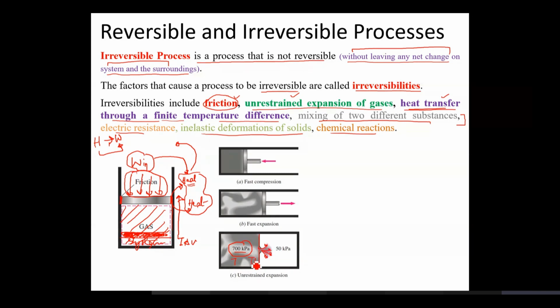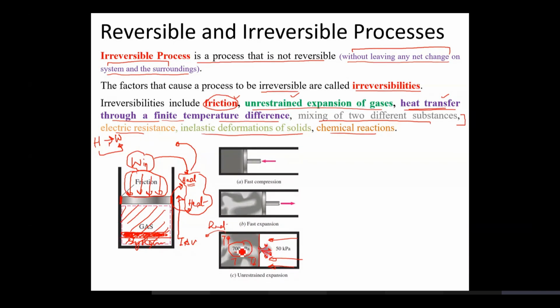Now, if you want to make the system go back to its original position, you will have to compress the gas back to its original pressure, and as a result of this compression, the temperature of the system would go up. This would result in heat transfer from the system to the surroundings, so there would be heat loss to the surroundings.